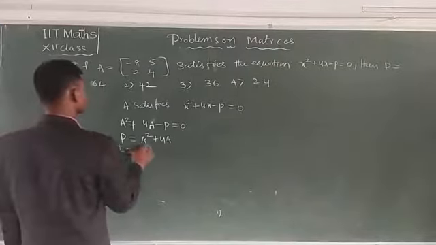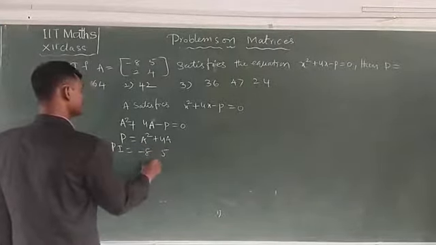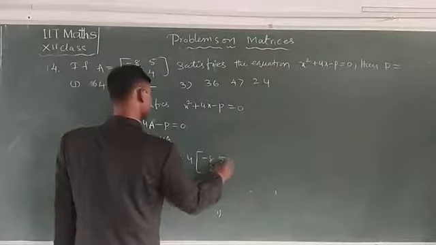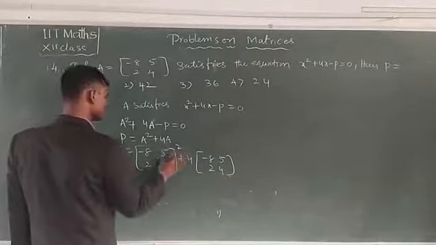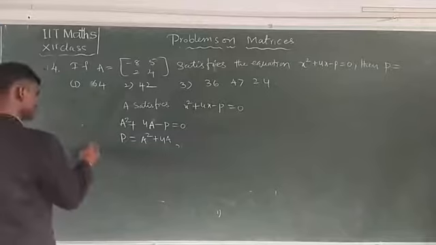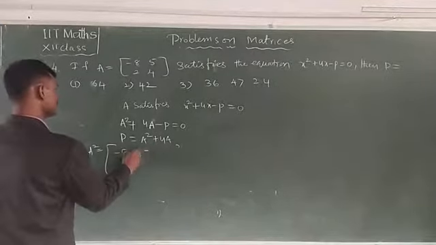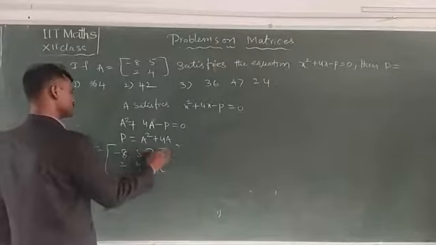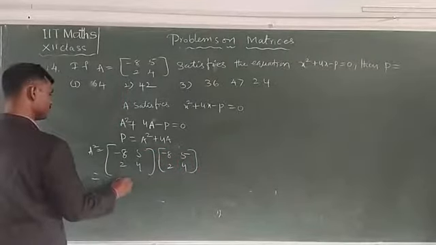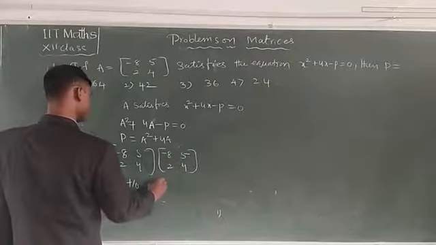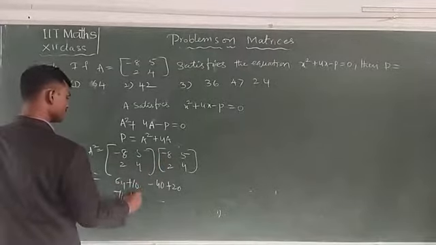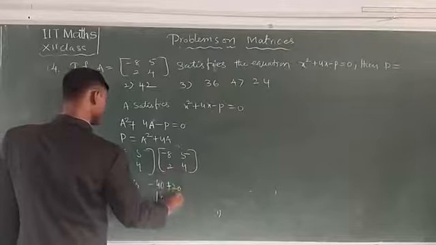Now A² is [-8, 5; 2, 4] and 4A is 4 into [-8, 5; 2, 4]. To find A², multiply the matrix by itself: [-8, 5; 2, 4] into [-8, 5; 2, 4]. 8 8s are 64, 5 2s are 10, 8 5s are minus 40, 5 4s are 20. 2 into 8 is minus 16, 4 into 2 is 8, 2 into 5 is 10 plus 4 4s are 16.